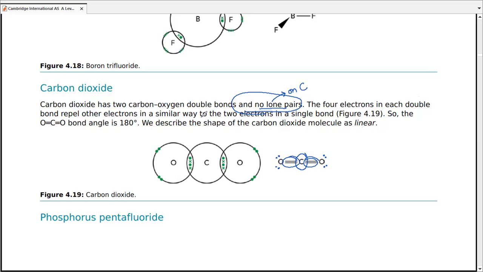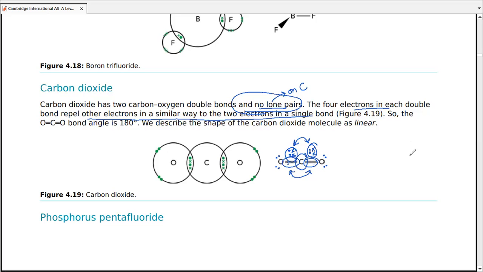The 4 electrons in each double bond repel other electrons in a similar way to 2 electrons in a single bond. This is what the confusing postulate meant. This double bond has a set of dot cross electrons, 4 electrons, and this double bond also has 4 electrons. These 4 electrons repel almost in the way the single bonds do.